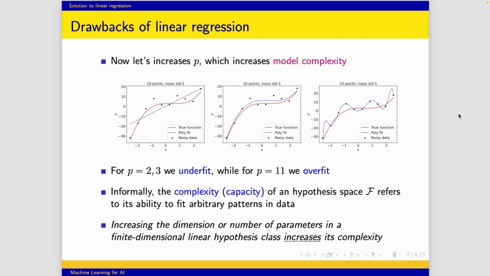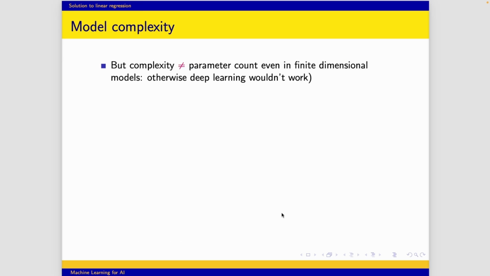Now, for such spaces, their capacity or complexity is controlled by the number of parameters, p. But this does not mean that model complexity is equal to parameter count, even in the finite dimensional case in general.